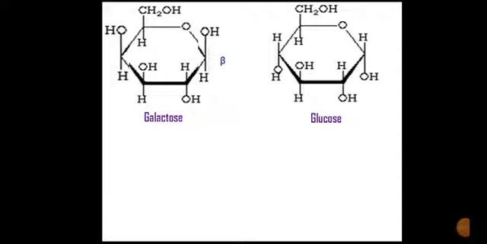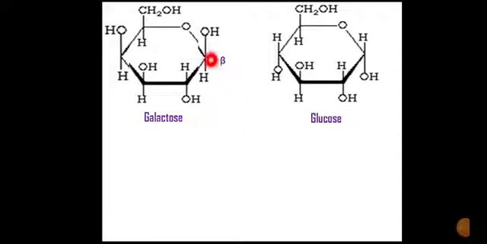So this is the beta conformation, as you can see here, around carbon number 1 of galactose. This is the position of hydrogen and hydroxyl group around carbon number 4 of glucose. So we can see which carbons are involved here.